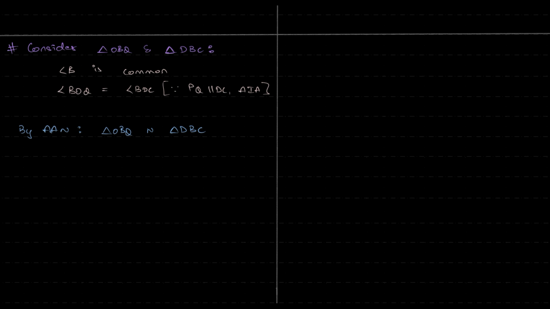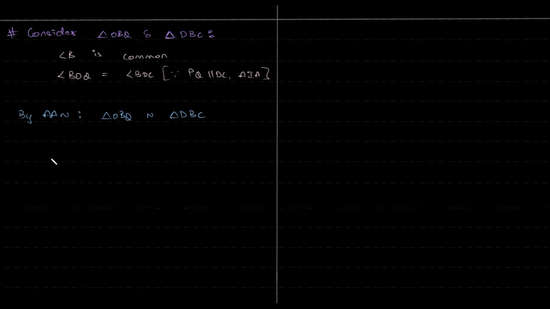Now we can write the ratios properly. OB by DB is equal to OQ by DC is equal to BQ by BC.